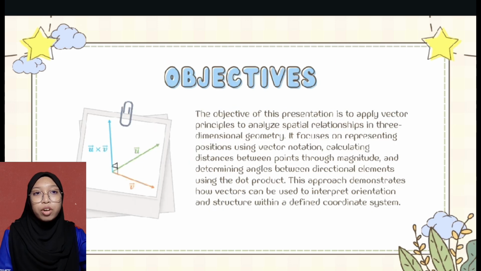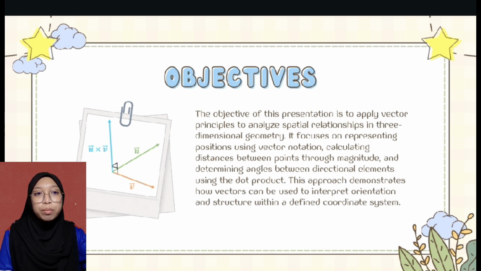The objective of this presentation is to apply vector principles to analyze spatial relationships in three-dimensional geometry. It focuses on representing positions using vector notation, calculating distance between points through magnitudes, and determining angles between directional elements using the dot product.